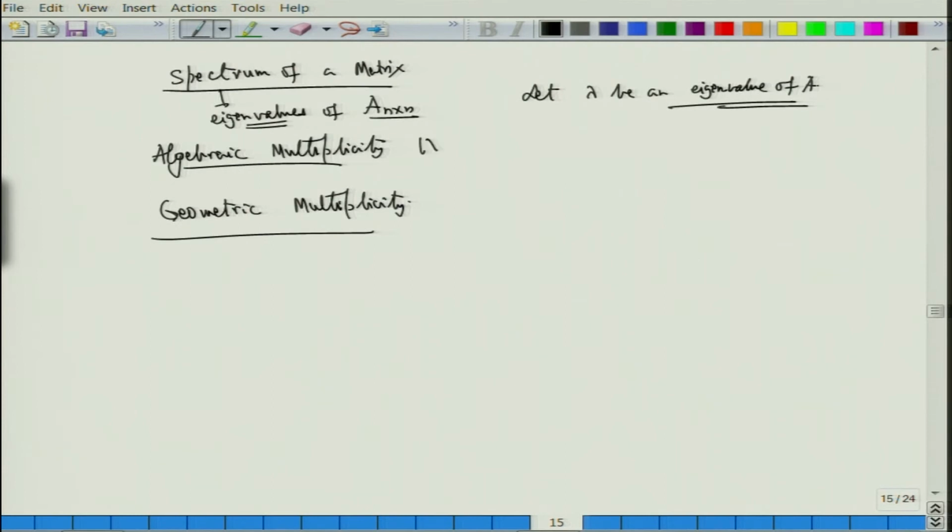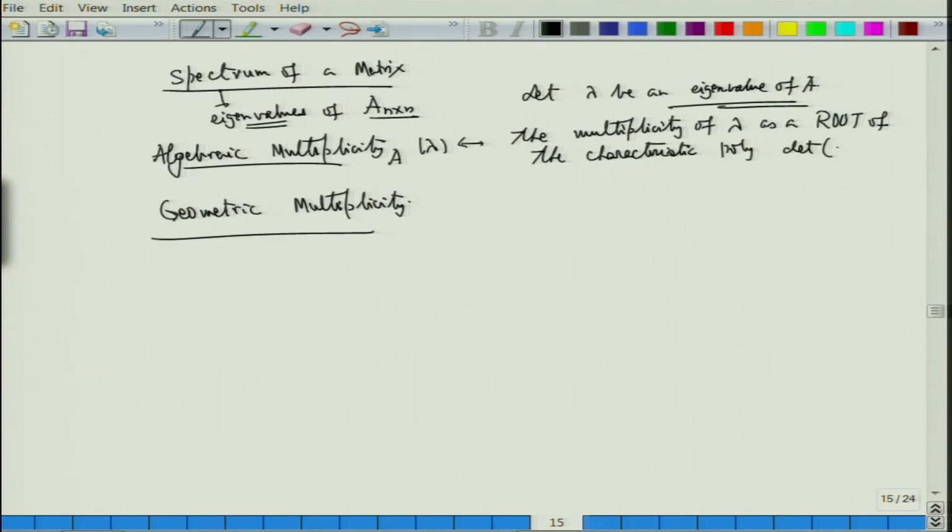Then there is a notion of algebraic multiplicity of lambda as an eigenvalue of A. So, this is the multiplicity of lambda as a root of the characteristic polynomial, determinant of xI minus A. So, this is a polynomial of degree n, fine.